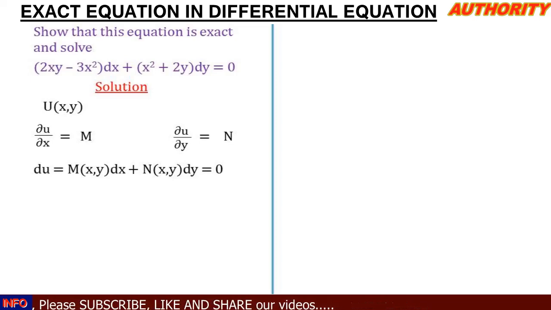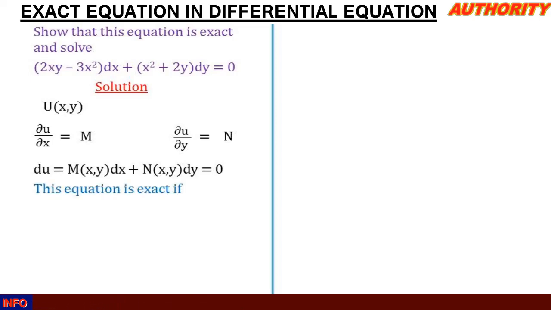You know why? Because it involves derivatives. An equation involving what? Derivatives. Now, we said that this differential equation is exact if the partial derivative of M with respect to y is equal to the partial derivative of N with respect to x.